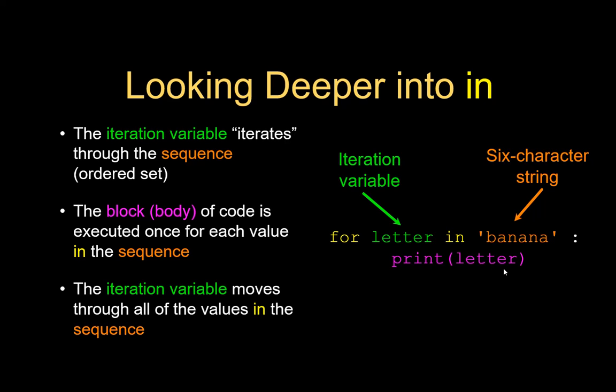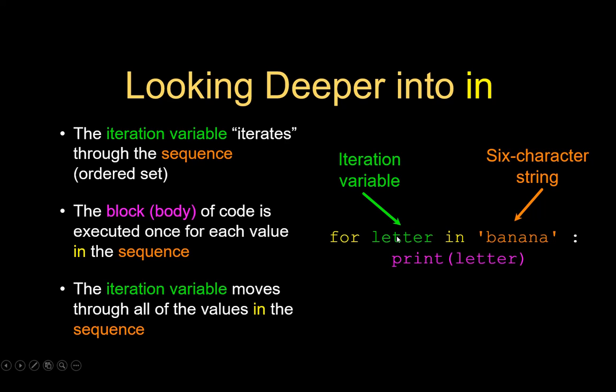Okay, so just expanding on what was in the previous slides a bit more, going back to our for loops. So here we have for letter in string. In this case, the letter is going to be our iteration variable, and each time it's going to move forward basically from the position 0 of our string to the last position.